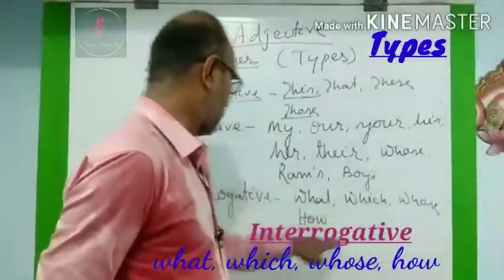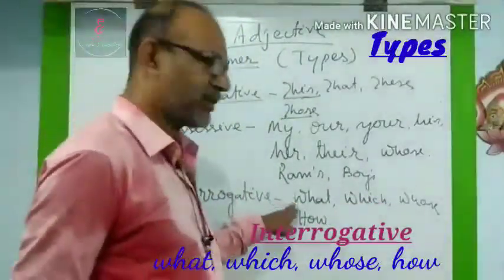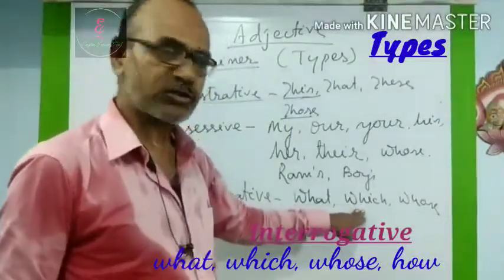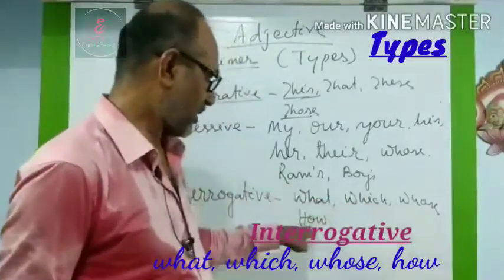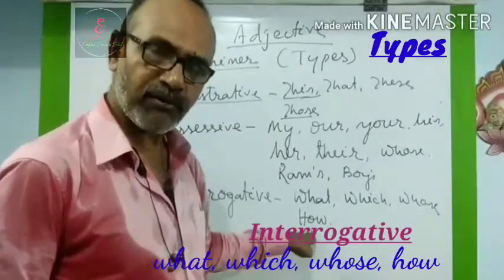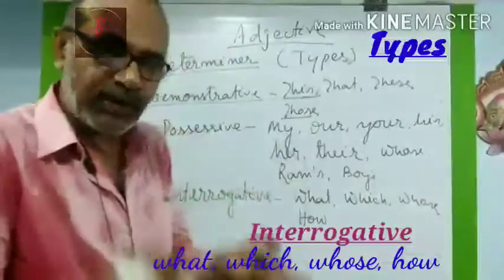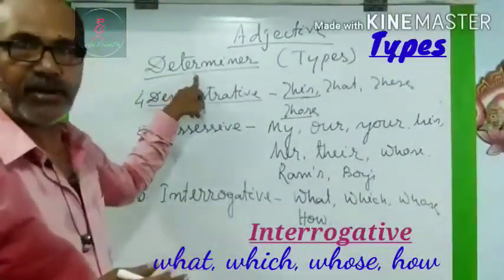Like, what color is this? Which book is yours? Whose book is this? How many books do you have? Whenever these are used before any noun, then only will that be called an interrogative determiner.